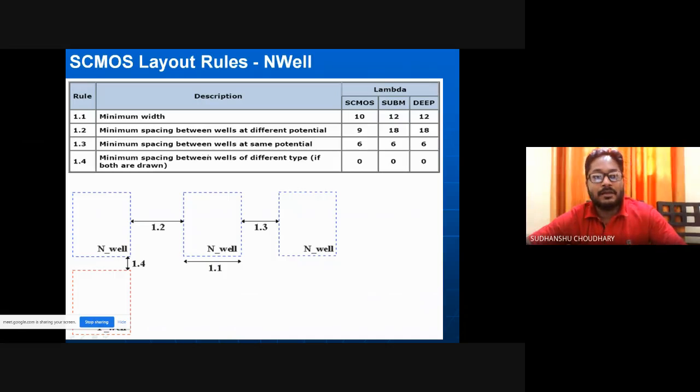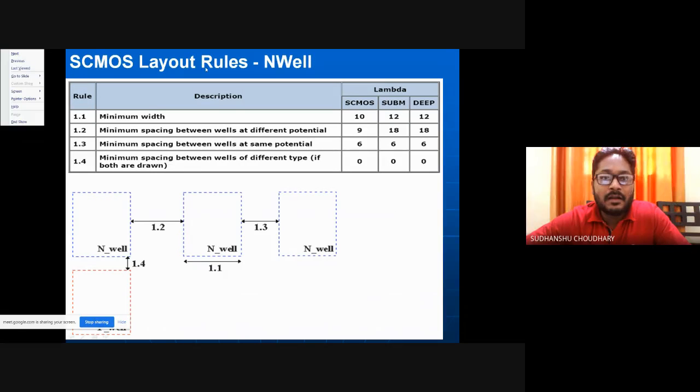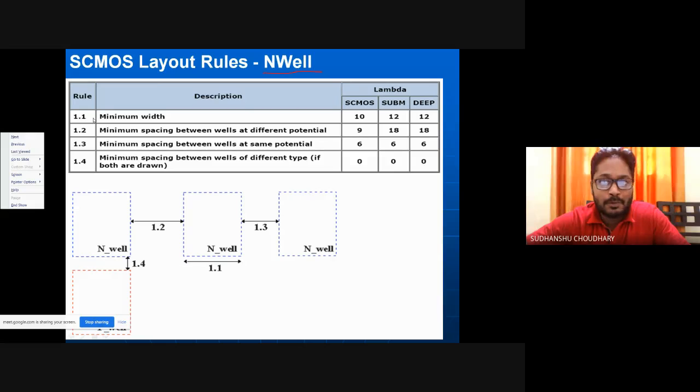So for example, let us say we want to draw an N well. So these are the rules for N well, all these 4 rules. And here you will find that there are 3 rules being specified. One is SCMOS, this one, first column. This is the scalable CMOS rule.